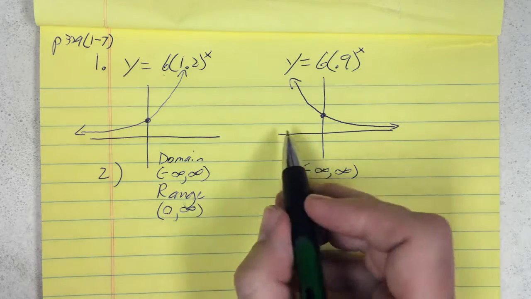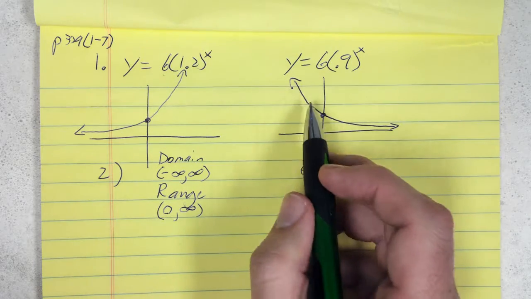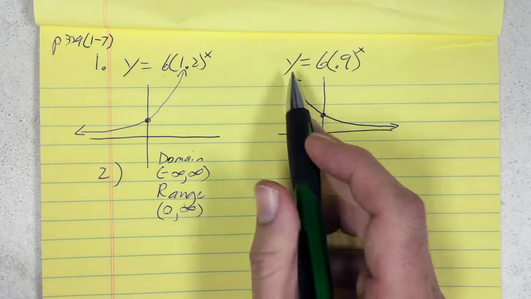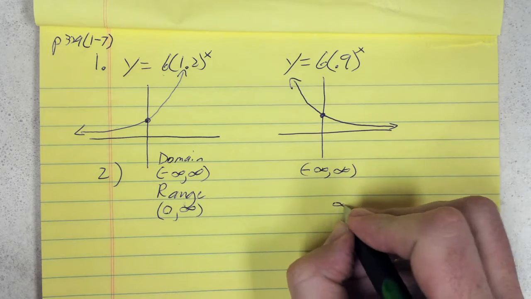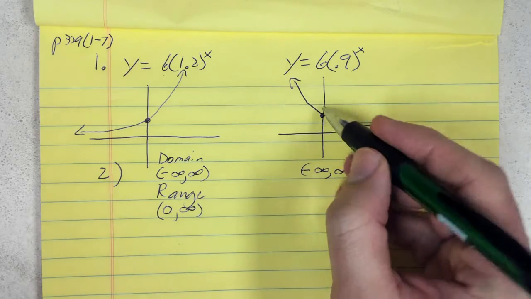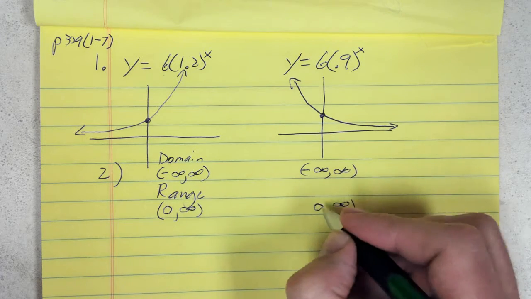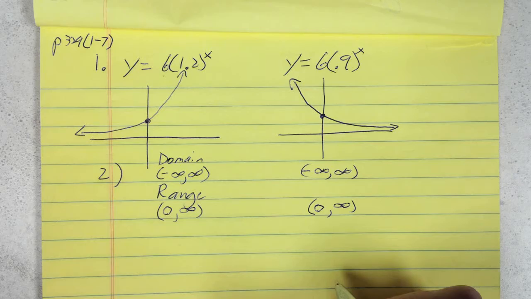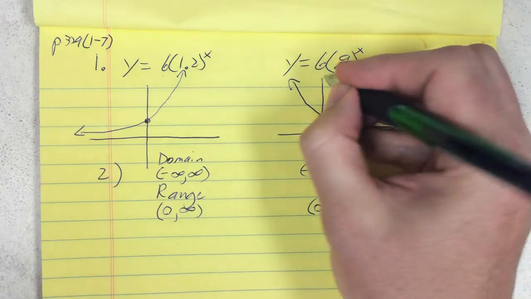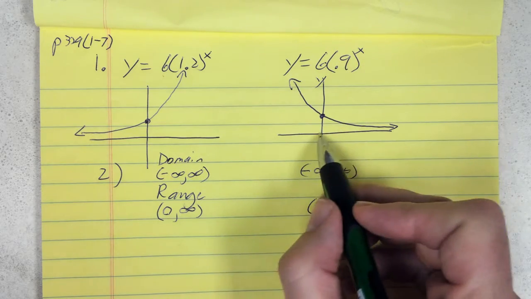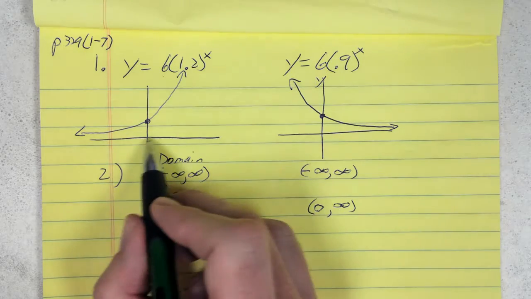This one is going off to positive infinity on the y, and it comes down and levels off at 0. So the range is y from 0 and up, for both of them.